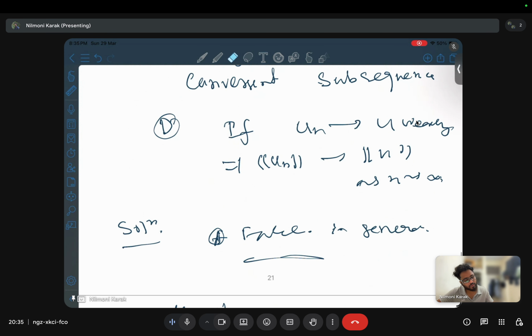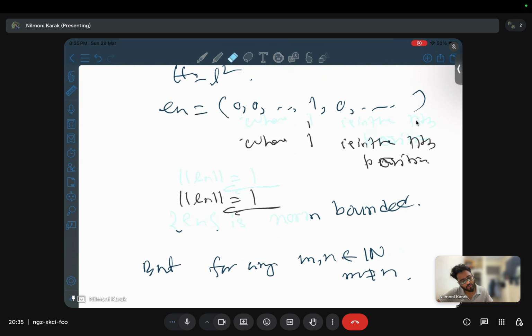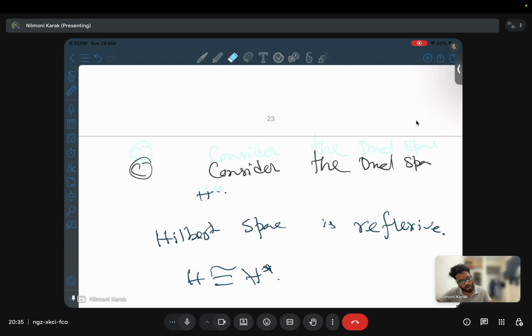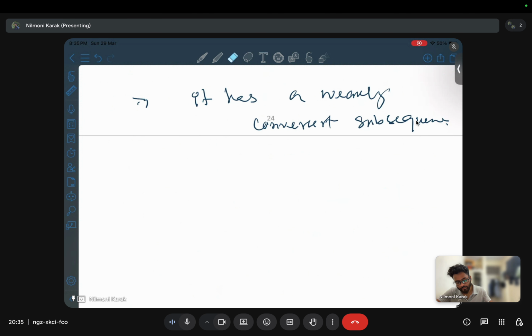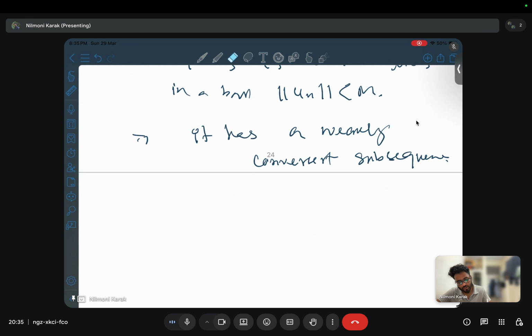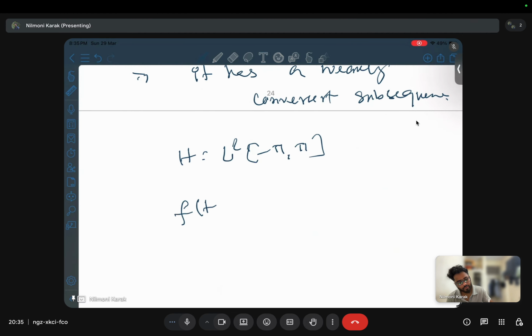And if un converges to u weakly, then norm of un converges to norm of u: this is not necessary. Consider H equals L2 of minus pi to pi, and f_n(t) equals cos nt, which is orthonormal.